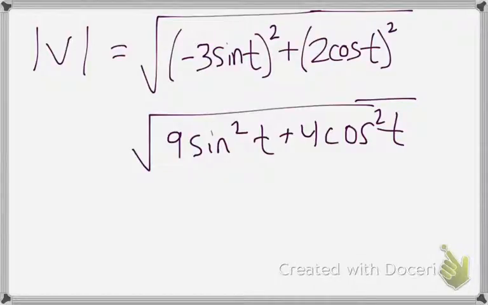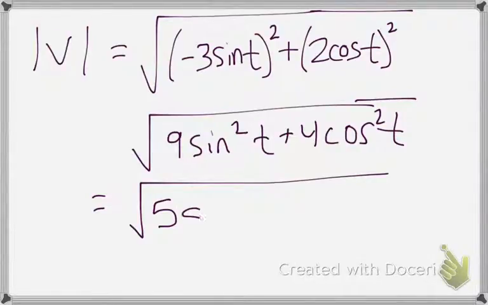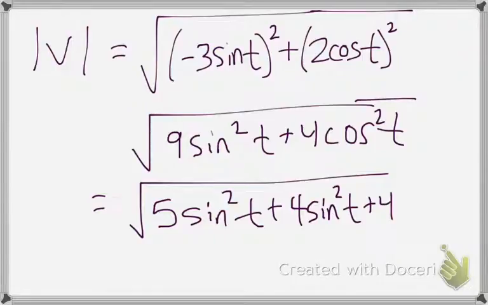And so this is kind of like a little trick of the trade, if you will. We do know that Pythagorean identity that sine squared plus cosine squared equals 1. But that only works when their coefficients are the same. So a little trick of the trade is to split apart that 9 sine squared of t and leave 5 of them alone, and then trade in 4 of them so that we have 4 sine squared t plus 4 cosine squared t.